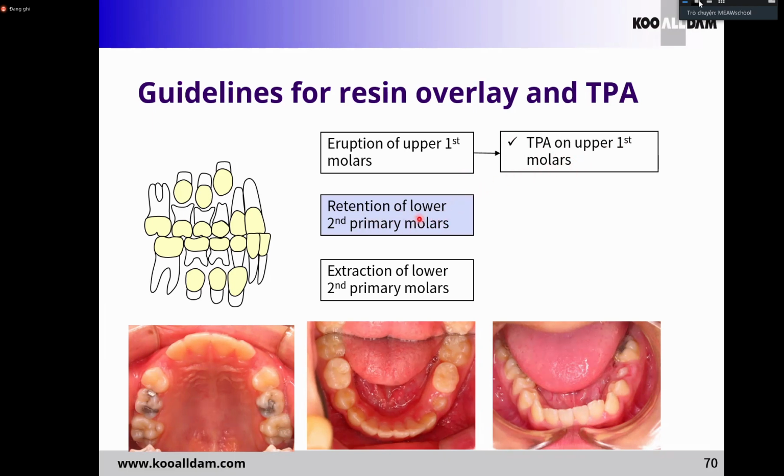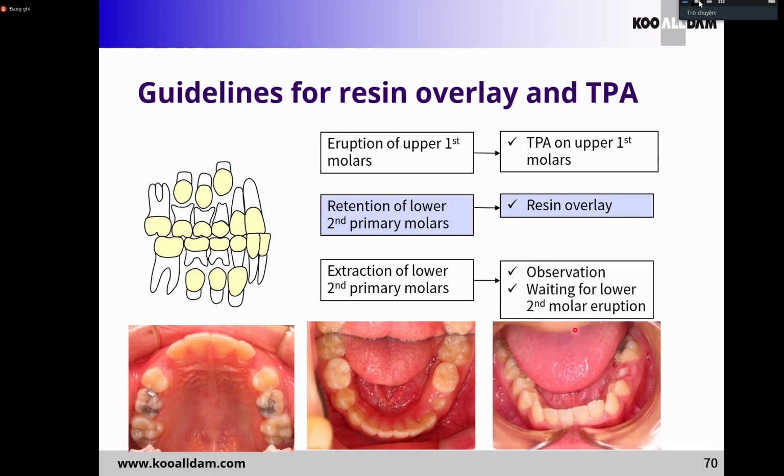Second, if retention of the lower second primary molar is good, you may insert resin overlay in this area. However, in some cases we can see extraction of the lower second primary molar, so it is difficult to insert resin overlay in permanent dentition. This means we need observation, waiting for lower second molar eruption.